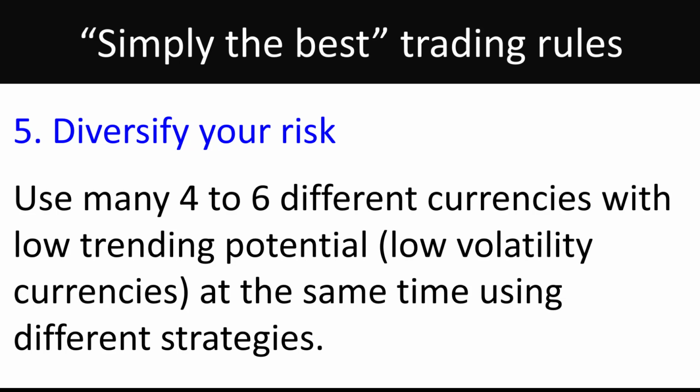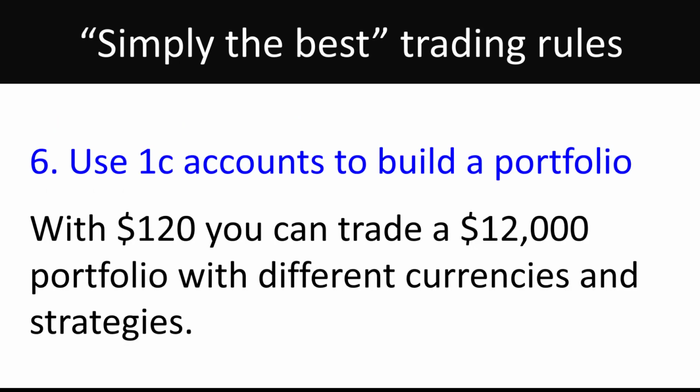But it's good to diversify your risk. You can't put all your eggs in one basket. And then the sixth, simply the best trading rule, is use 1 cent accounts to build a portfolio. Now what that does is that with $120 you can trade a $12,000 portfolio with different currencies, different strategies, and diversify your risk.